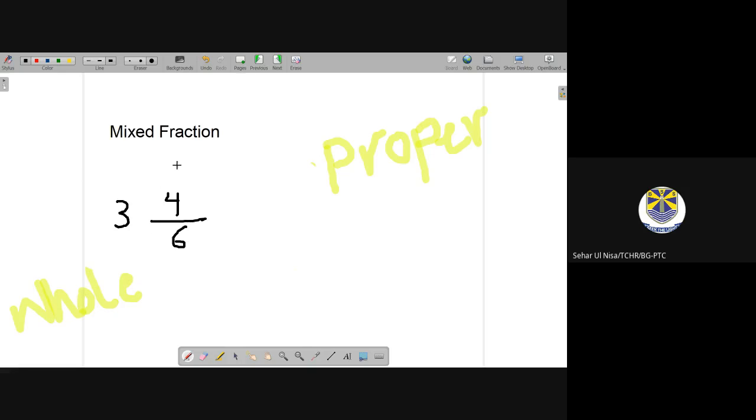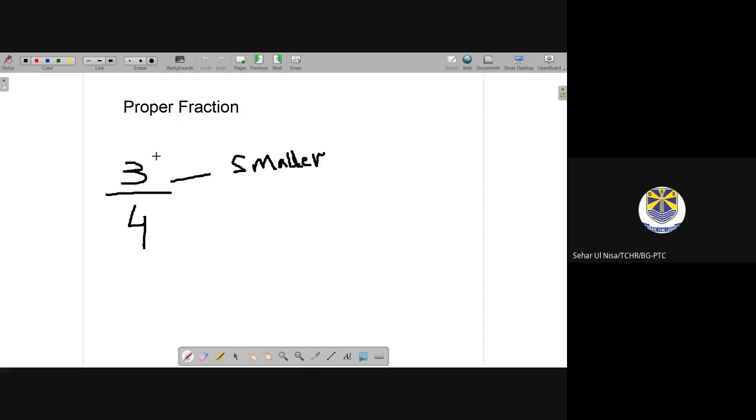If there is a whole number before a proper fraction, then you will say it is a mixed fraction. So what is a proper fraction? A proper fraction is where the numerator is smaller than the denominator. For example, if you are getting 3 marks out of 4, then this is a proper fraction. If you have a test of 10 marks and you are getting 8 marks, this is a proper fraction.